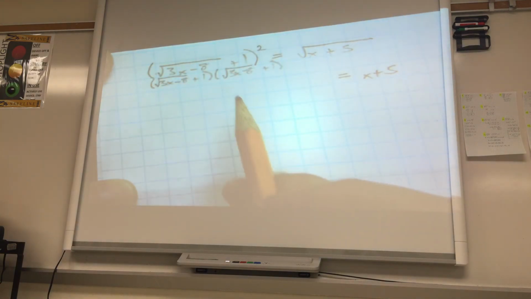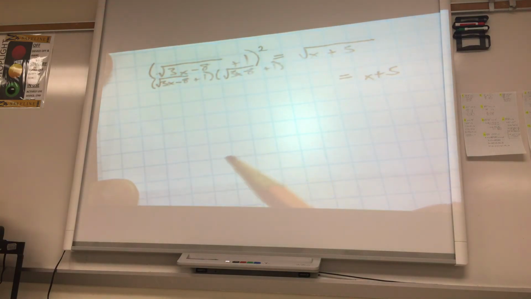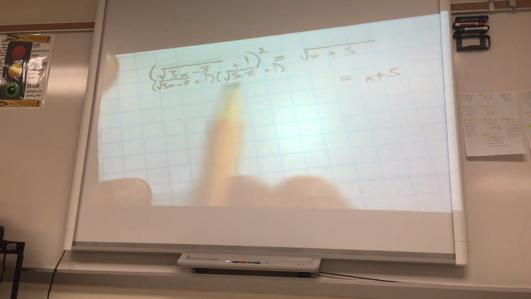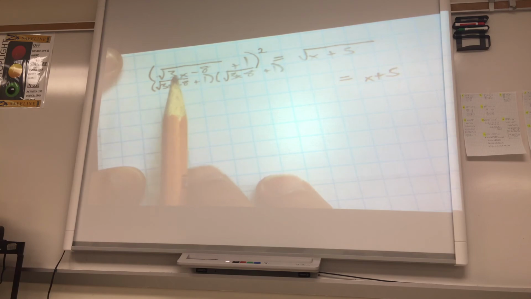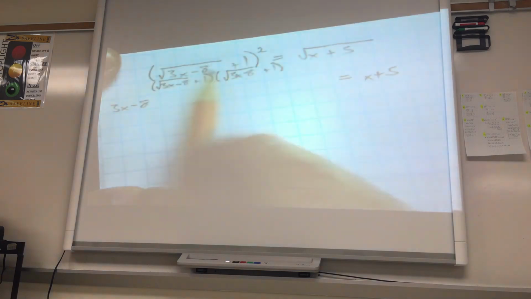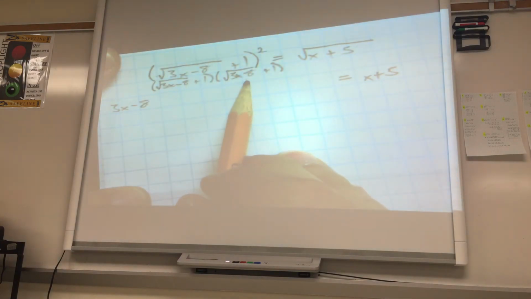That's what I actually have to multiply out. And it looks really nasty, but it ends up being okay. It's not that bad. But this is the toughest type of problem you're going to have to do. This times itself right here is just going to be a simple 3x minus 8. That times that is just 3x minus 8.